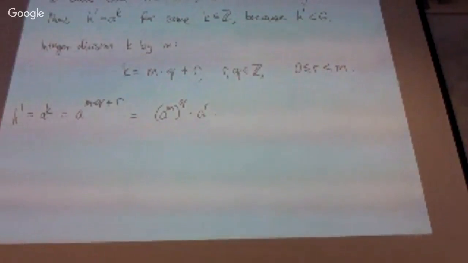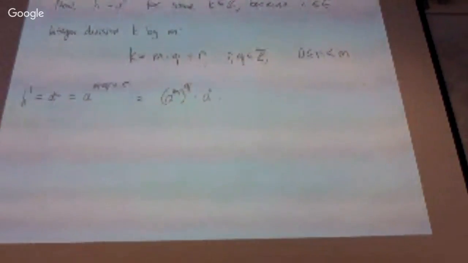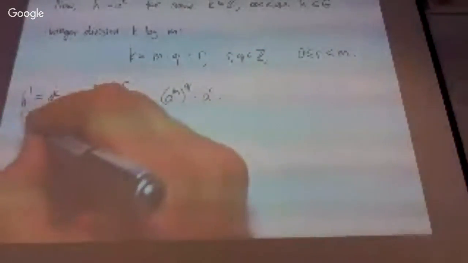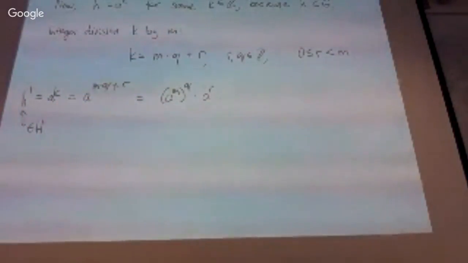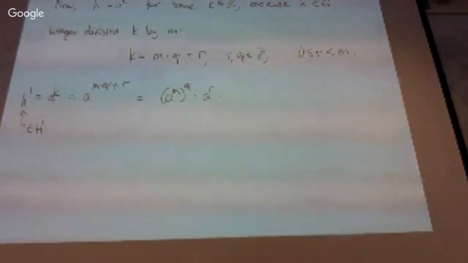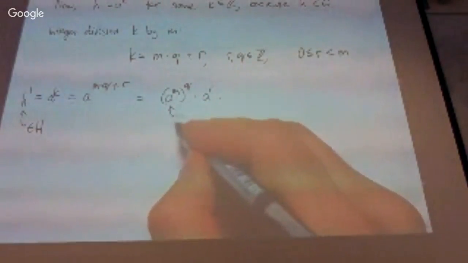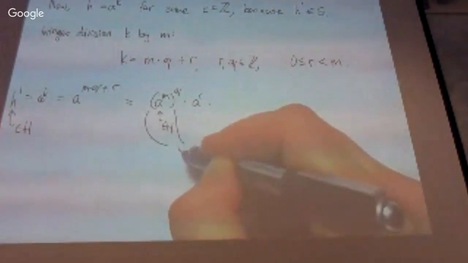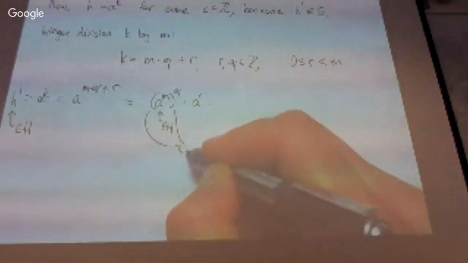Okay, so what is this? Observe. A to the m is in the subgroup. This whole thing, a to the m to the q, is in the subgroup.